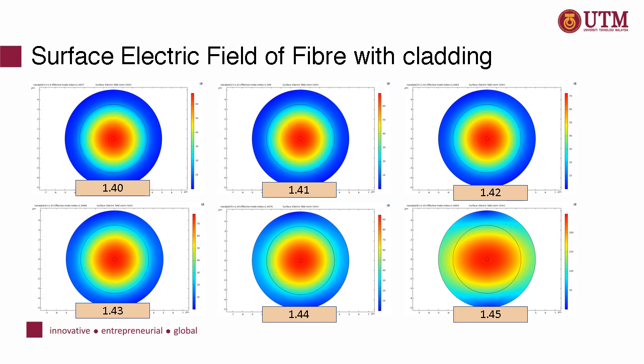And throughout the increasing of sample refractive index, the evanescence effect is getting stronger, where you can see the red region are spreading wider as well, because the light have refracted out of the cladding to the sample.